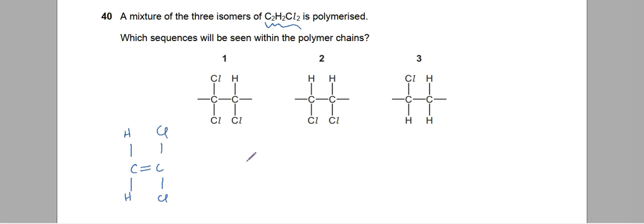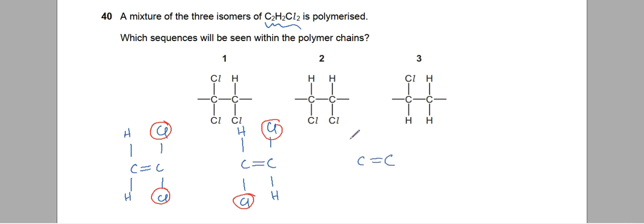The other one is when they are not on the same side, like this. You can tell this is a trans isomer. And then you can also have the cis isomer, with Cl, H, H.